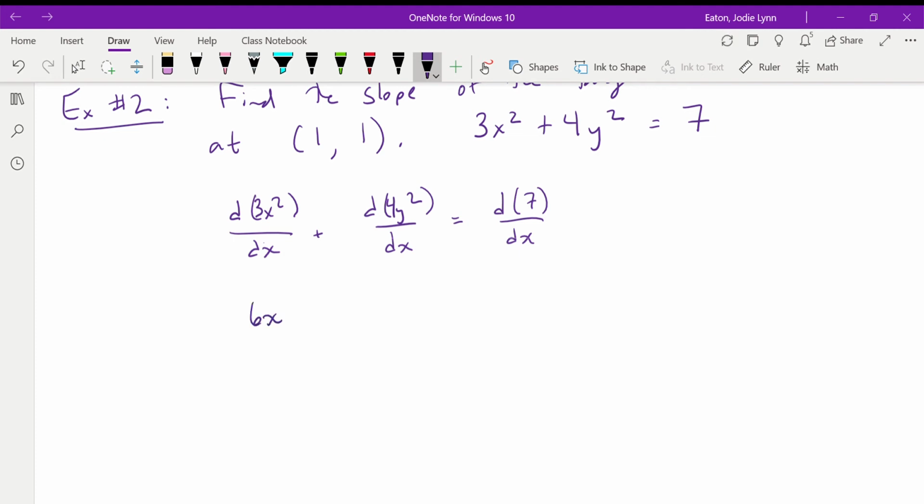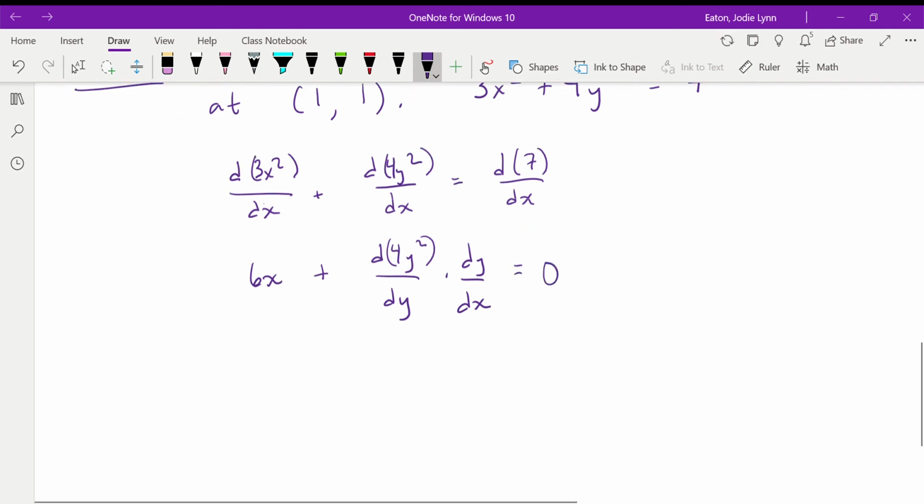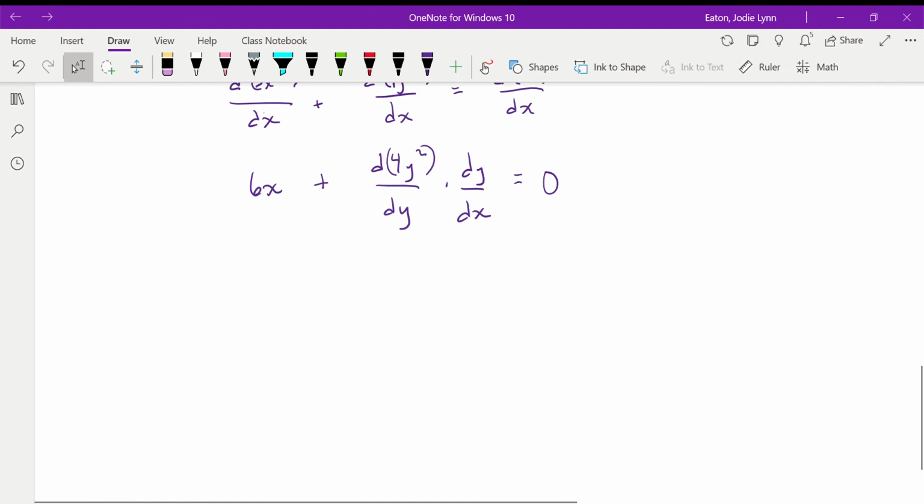We're going to have to use the chain rule on the second piece, which is d/dy of 4y squared times dy/dx. And that is equal to d/dx of 7, which is 0. The derivative of a constant is always, as usual, going to be 0.